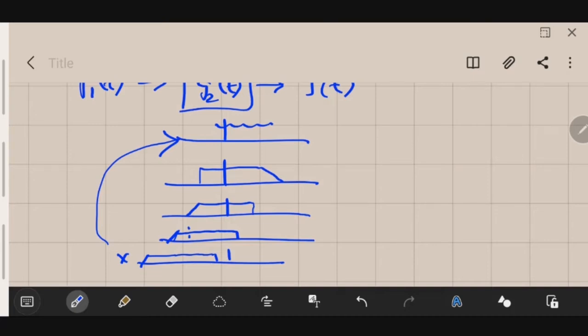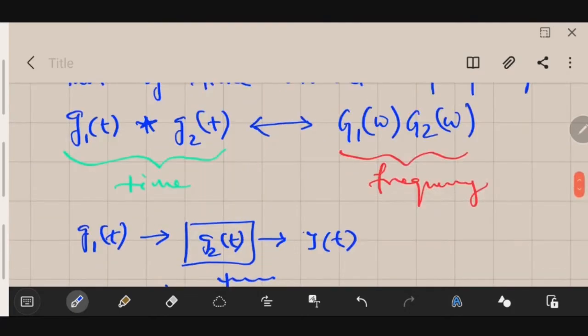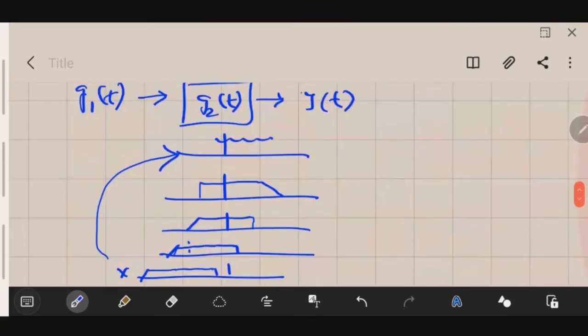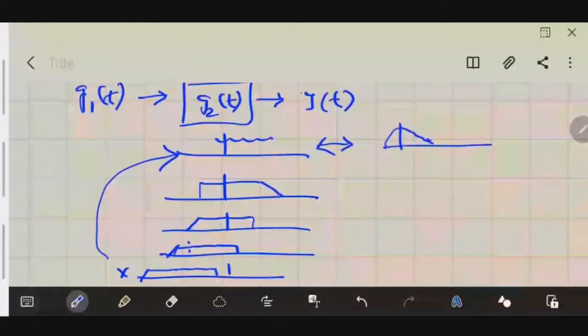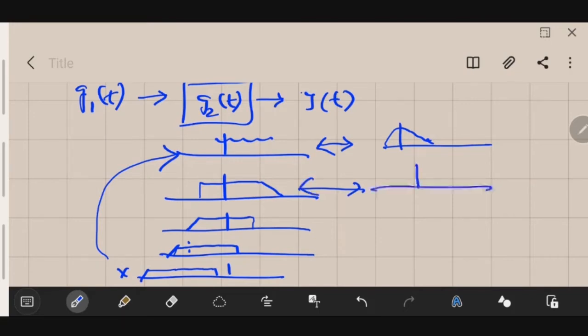So in place of that, if you use this property, what you have to do is take the Fourier transform of this signal. The Fourier transform may come something like this. Similarly, you take the Fourier transform of this signal, which will obviously come something like this. Once you get these two, you just multiply them, and let's say you get a signal like this.